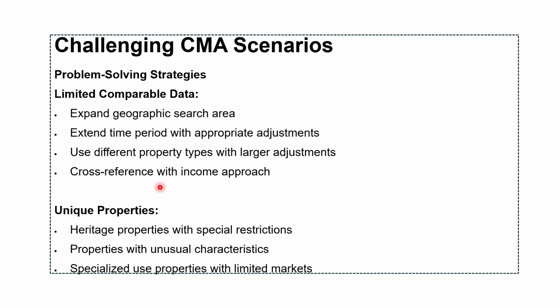Then certain unique properties are also there, heritage properties, especially when we talked about villas and independent houses. There we have seen that some properties have their unique features. So heritage properties with special restrictions, properties with unusual characteristics. Certain properties are known for their unique characteristics.